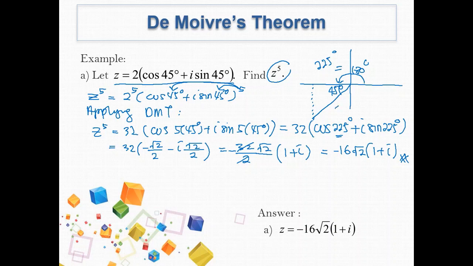So it is in the third quadrant. Only tangent is positive in the third quadrant, so for cos and sine you must remember to include a negative to your value. That's why you see here it is a negative value.